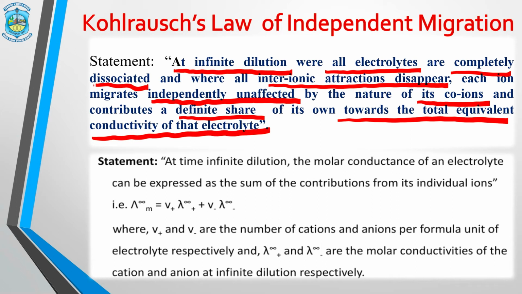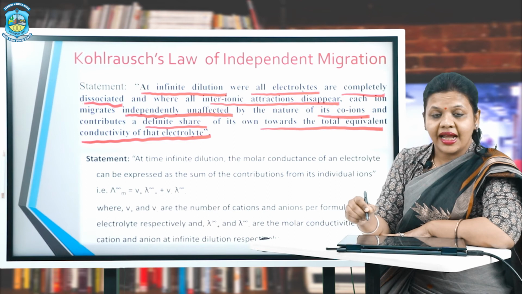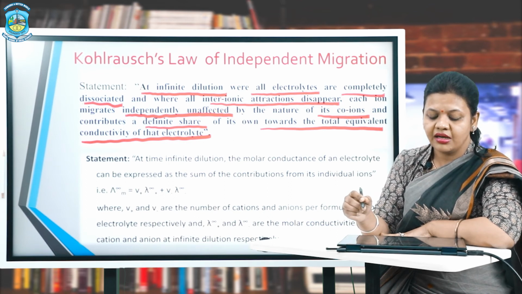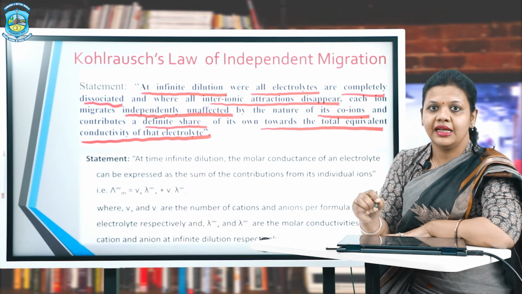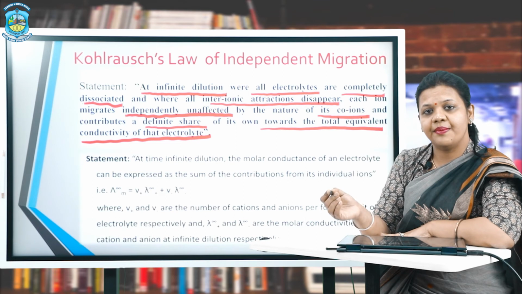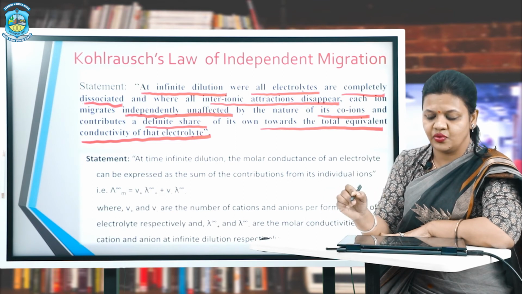By this we mean that on reaching infinite dilution, when we measure the equivalent conductance of an electrolyte, the ions in the electrolyte are far apart and they are moving independently and are not affected by the neighboring ions which are present in the solution.